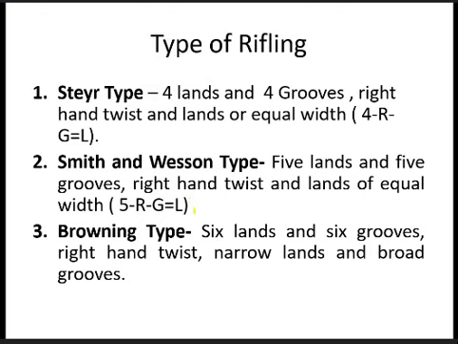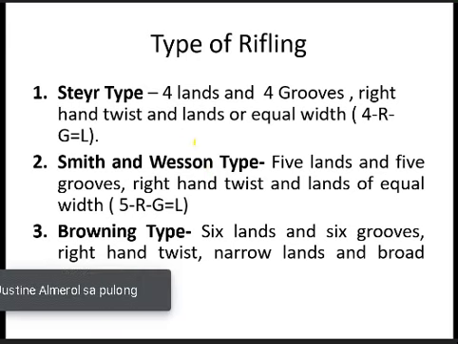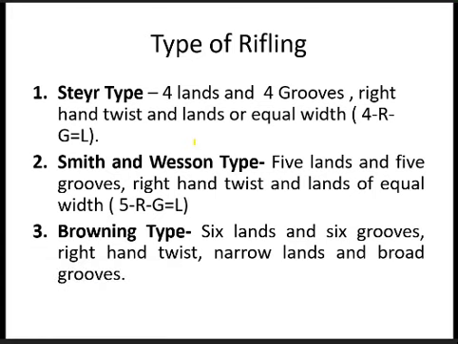Type of rifling. Just familiarize these types of rifling. The types of rifling are actually a form of class characteristics. Meaning it is expected that if this brand of firearm is Stayer type, it has 4 lands and 4 grooves, with a right hand twist, and lands and grooves of equal width.